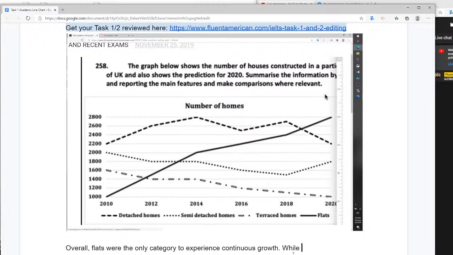So while detached homes finished with numbers that were equivalent to 2010, semi-detached houses had a small decline.